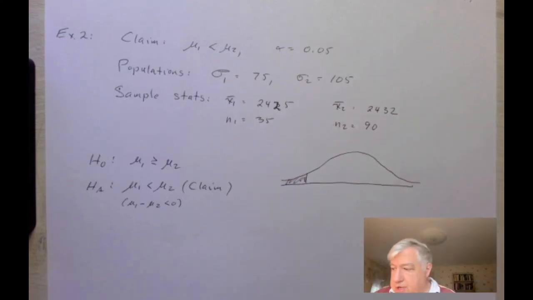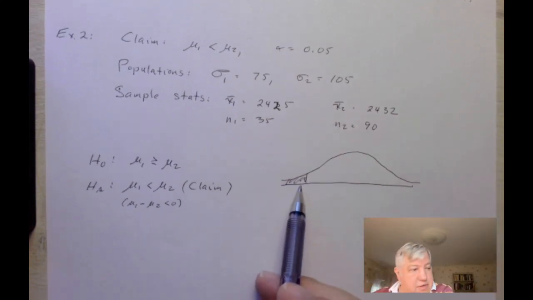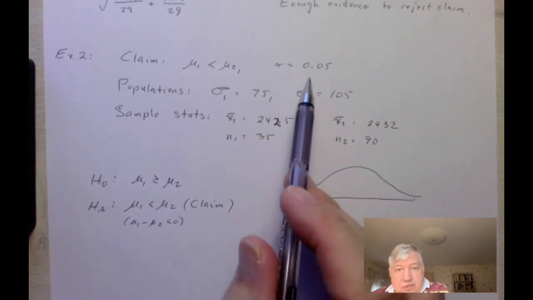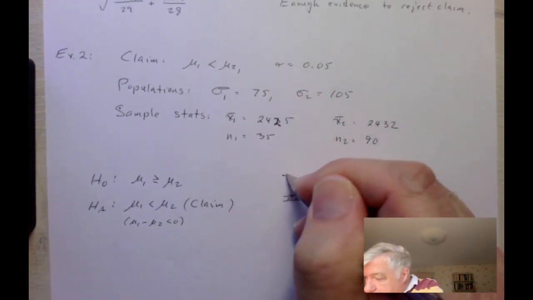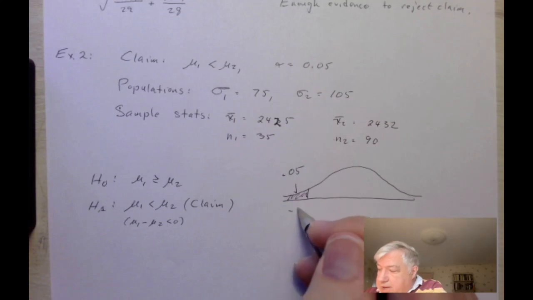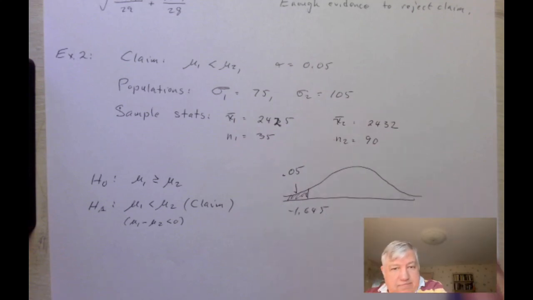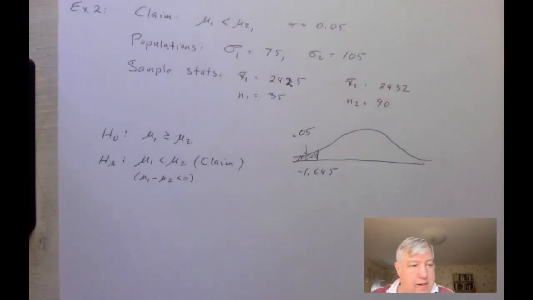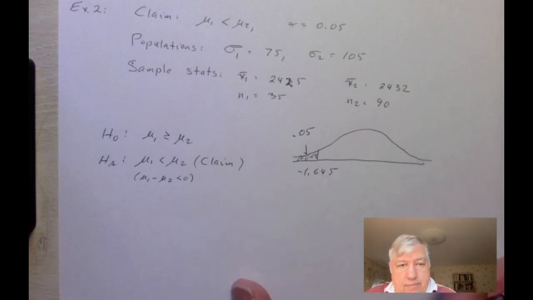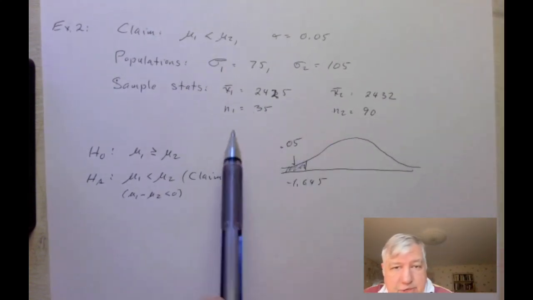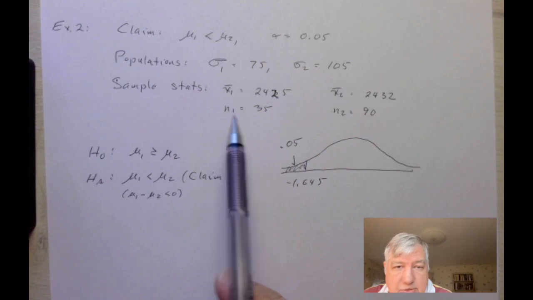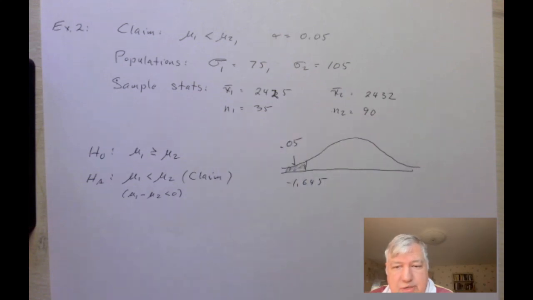This single region is equal to our level of significance, which is 0.05, and once again we know the critical value is negative 1.645. By the way, we can check that our sample sizes are both greater than 30, so we can use the central limit theorem here.